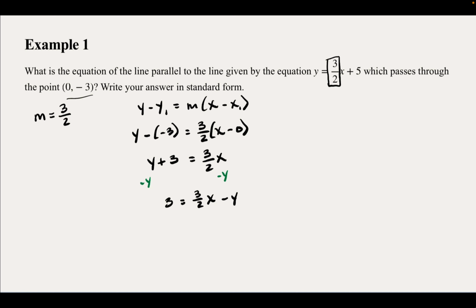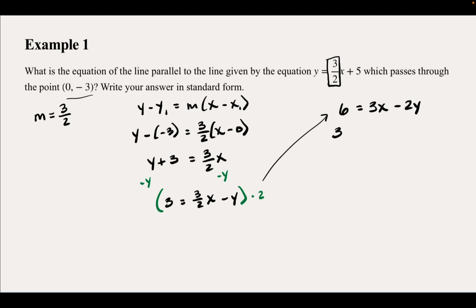I also want integers as my coefficients, and I want to make sure that x is positive. That's already positive, so I don't have to worry about that. But to get rid of that fraction, I'm going to multiply everything by 2, and I'm going to continue it on over here. 6, because 3 times 2, equals 3x minus 2y.